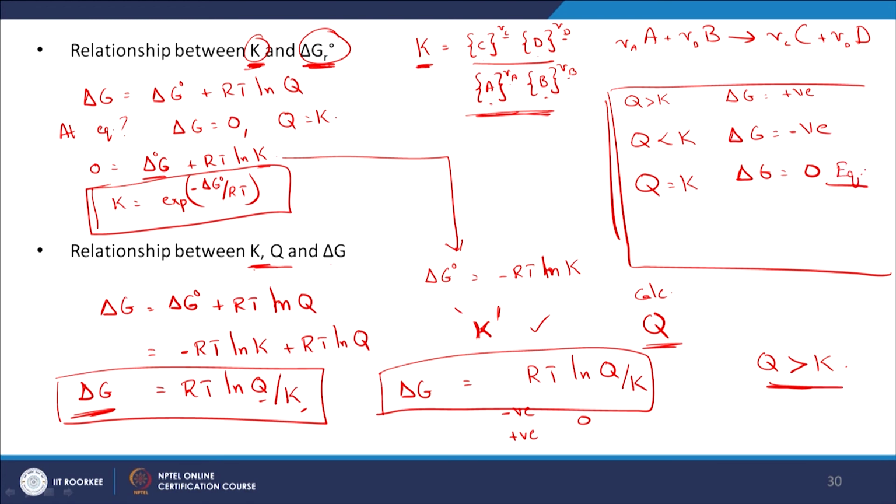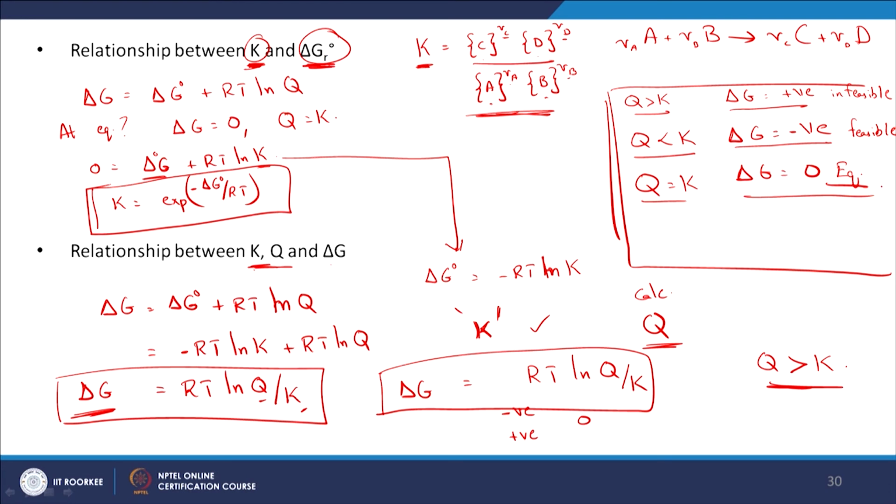So in the same case again, when Q is greater than K, you know that the reaction is infeasible. It is infeasible, that is what you see, delta G is positive. Again when Q is less than K, delta G is negative, so the forward reaction is feasible. And again here we have the 3 cases.